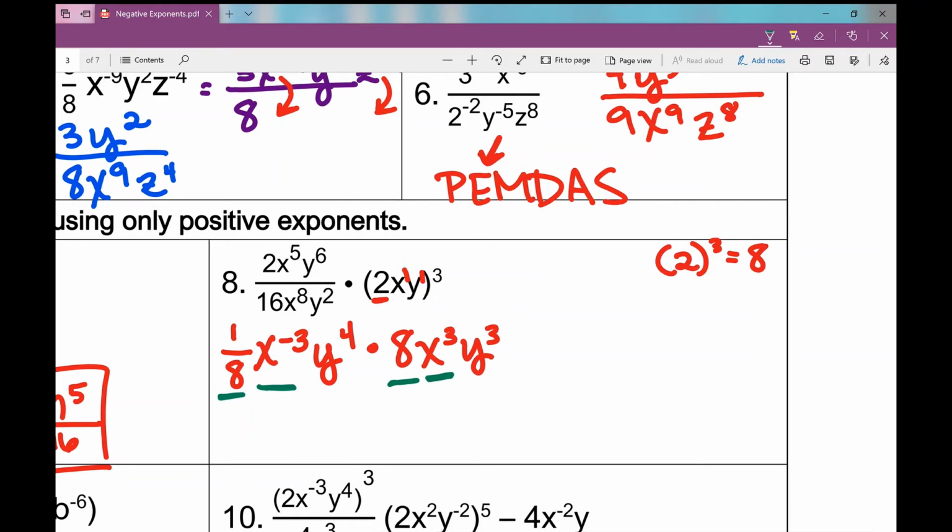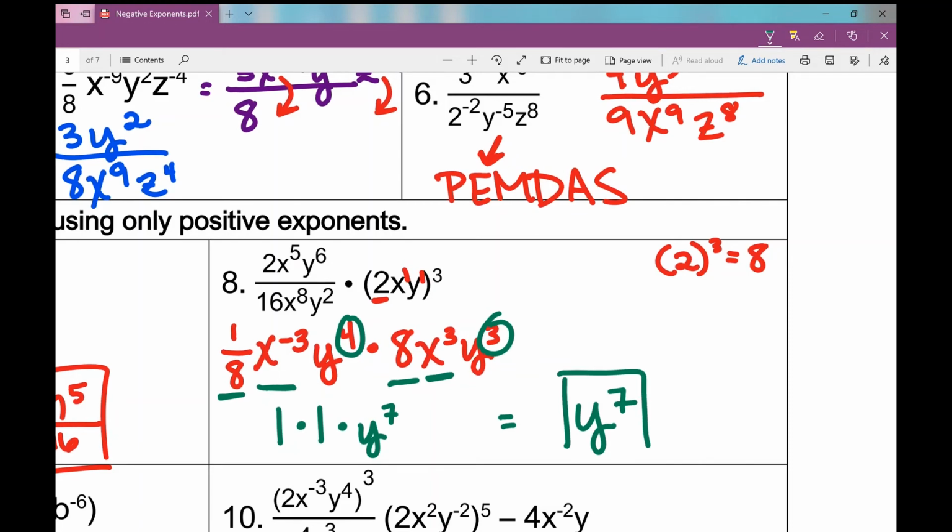Okay, if I'm combining negative 3 plus 3, because that's what my product rule tells me I can do, I can add my exponents. Well, I get x to the power of 0. Anything to the power of 0 is what? 1. So that would just be another 1. It would look like this. 1 times 1 times, and then y to the power of 4 plus 3 is 7. So your answer is just y to the power of 7.